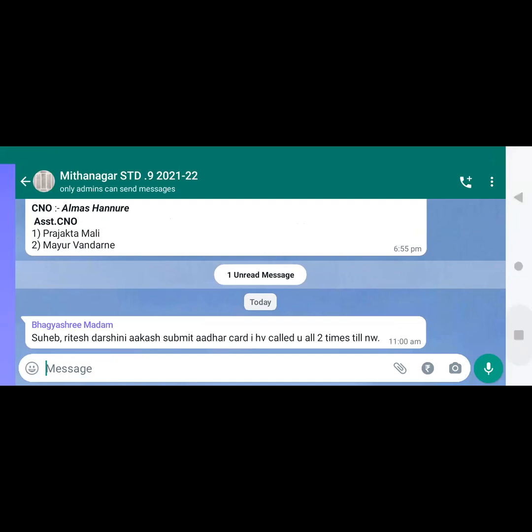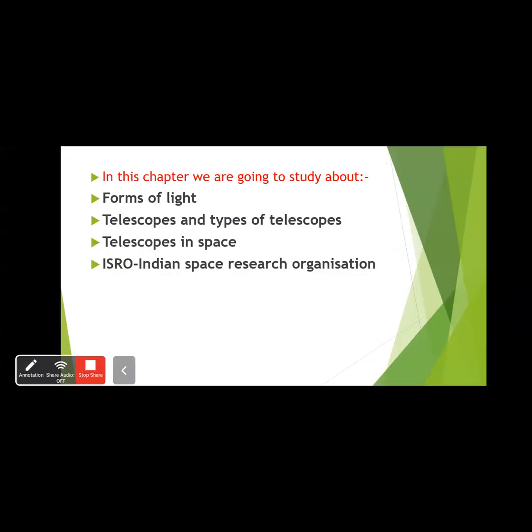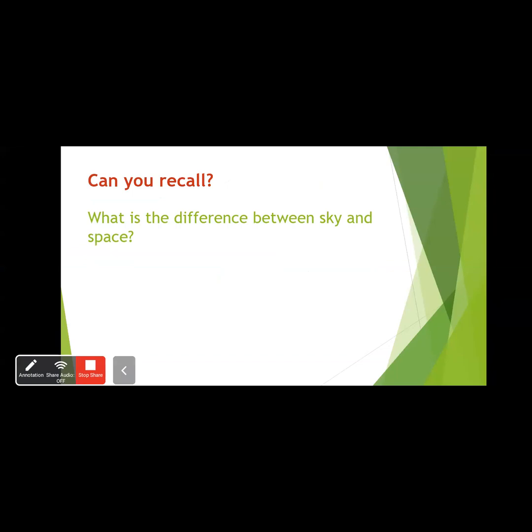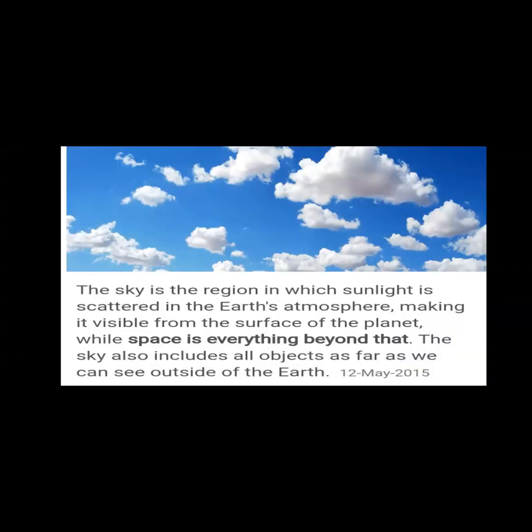The sky is the region in which sunlight is scattered in Earth's atmosphere, making it visible from the surface of the planet. The atmosphere which we see around us, the light is scattered.